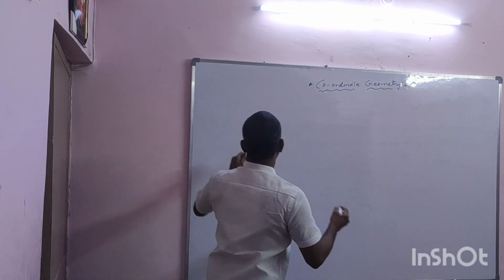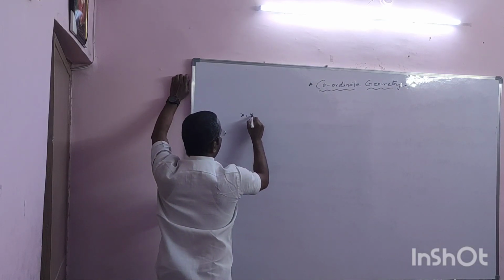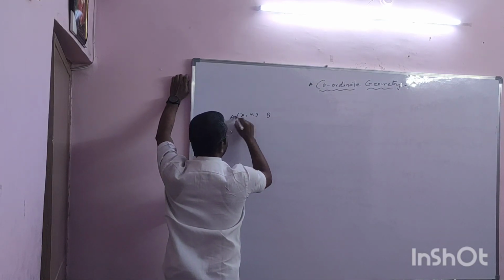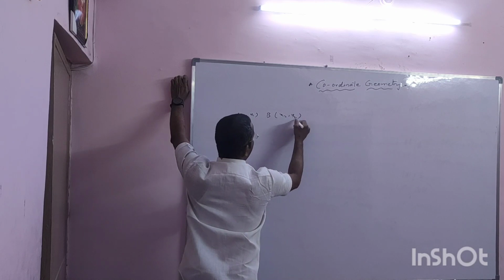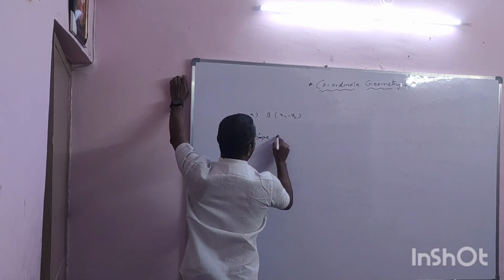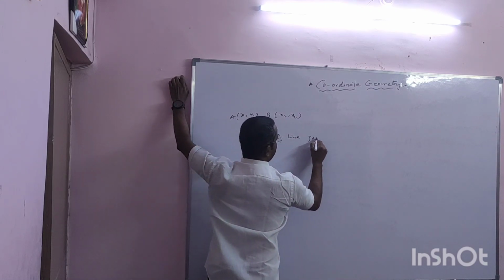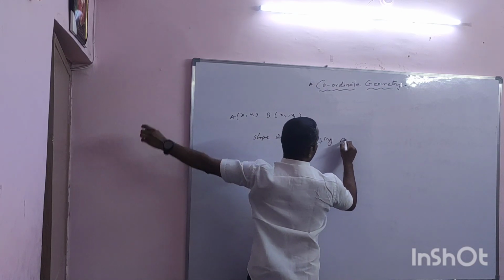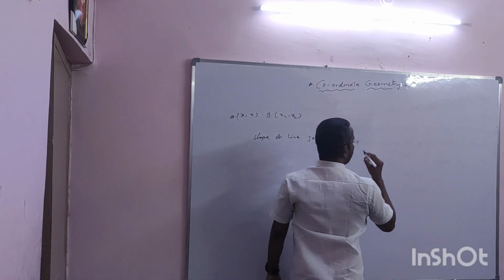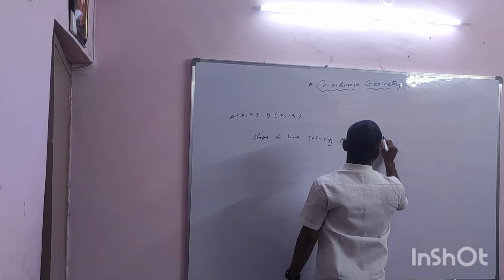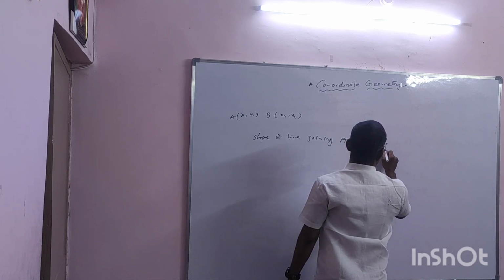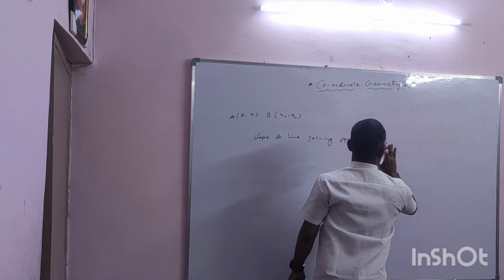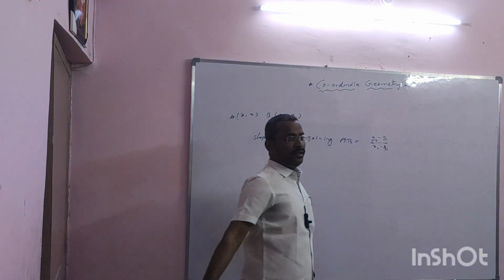For example, two points are given, A (x1, y1) and B (x2, y2). Then the slope of the line joining AB is equal to (y2 minus y1) by (x2 minus x1).